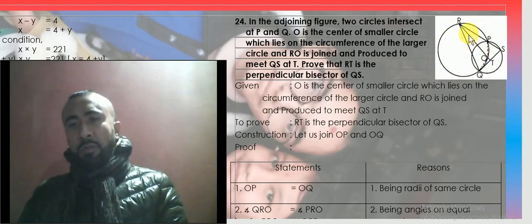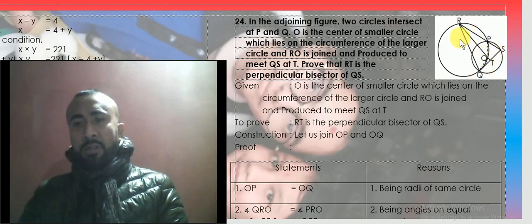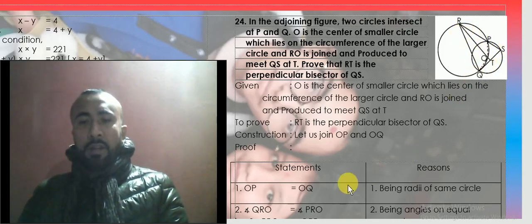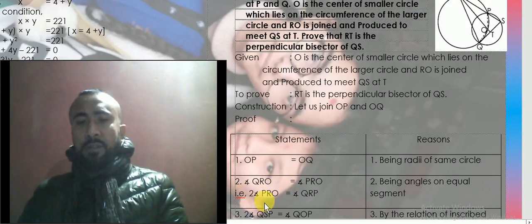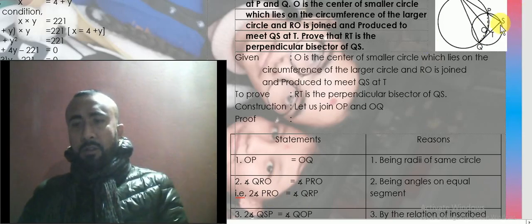So you can see angle PRO is equal to QRO, that is twice angle PRO is equal to angle QRP. Similarly, in the small circle POQ is the central angle and PSQ is the inscribed angle, both lying on the same arc. So POQ is equal to twice angle PSQ.